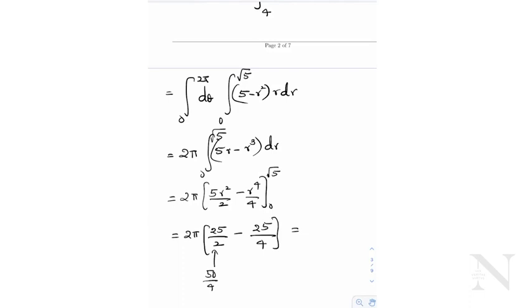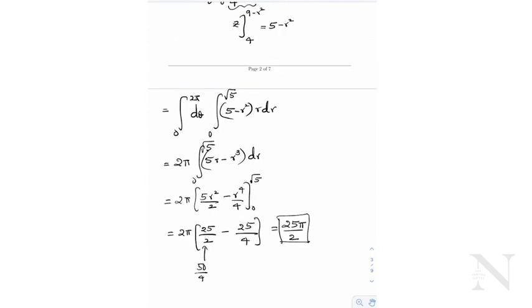That's going to be 25 pi over 2. Did I get all the numbers there? 50 minus 25 is 25, there's a pi and then there's a 2/4, that's a half. Again, restrain your temptation to use a calculator. That's a good answer: 25 pi over 2.